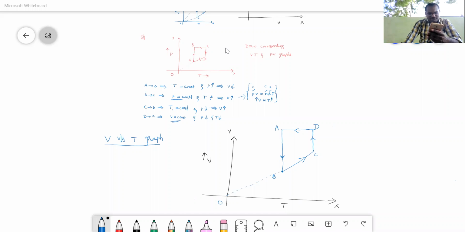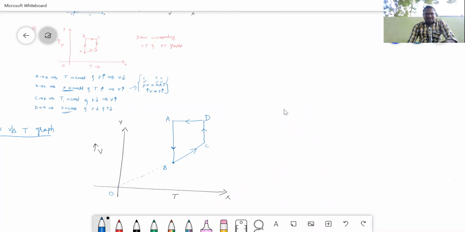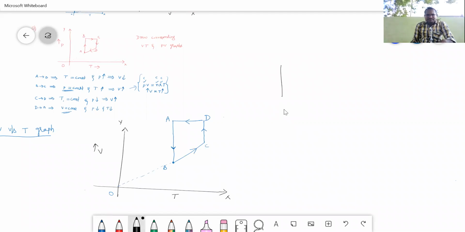Not saved her number. Seema. Okay. Good, Seema. Good, Rani. Good. Let us draw the PV graph now. Information I'll keep here. I'll draw the PV graph here, so that it will be easy for me to draw.